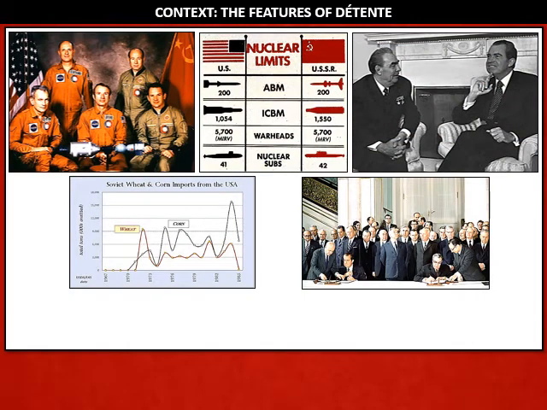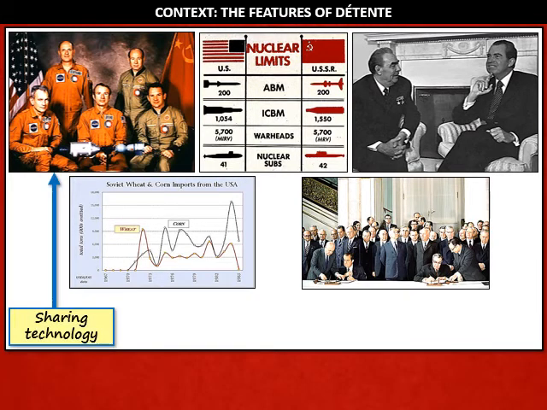So the easing of tension has several features, and these features run throughout the decade of détente. So the world saw sharing of technology. The high point of this was a shared space mission. Also increasing trade between the superpowers, and that was particularly beneficial to the Soviet Union.